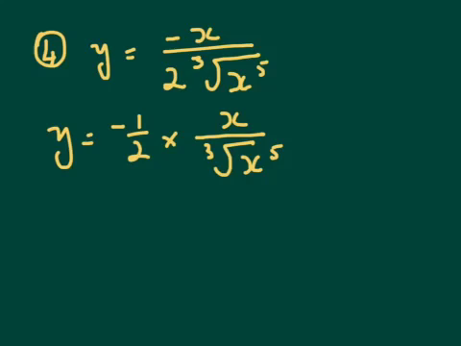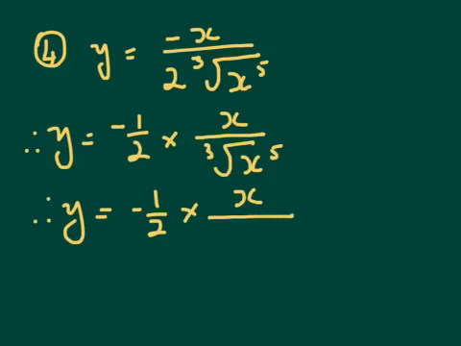Alright, next step would be to get rid of the cube root sign. So we would say, therefore, y equals negative a half times x to the power of. Now I hope you remember how to convert these roots to index form. X and the power is 5, the root is 3.